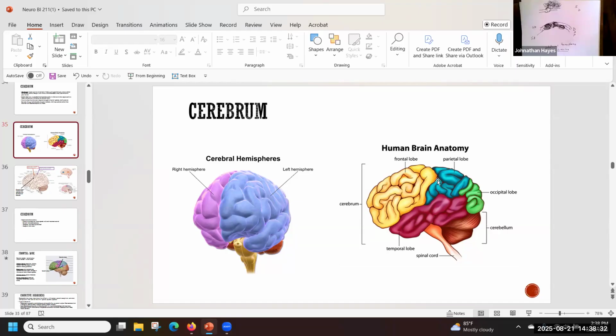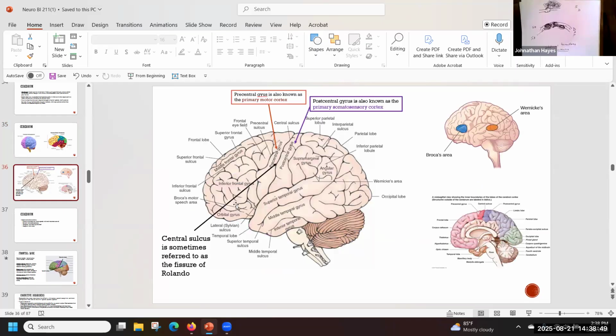This isn't the best picture to show that. This should be more of a continuous line. This one is better. So here, precentral gyrus, postcentral gyrus, your central sulcus. Primary motor cortex. Here's the prefrontal portion of the frontal lobe.